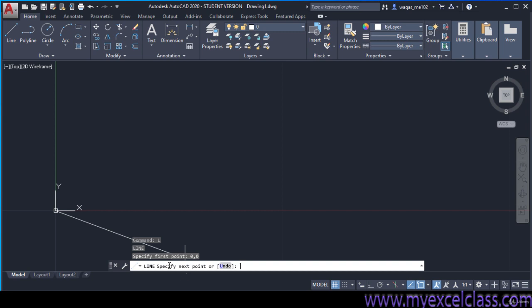Suppose now I want to have 10 on the x-axis, so I will be writing relatively, at the rate 10, 0.